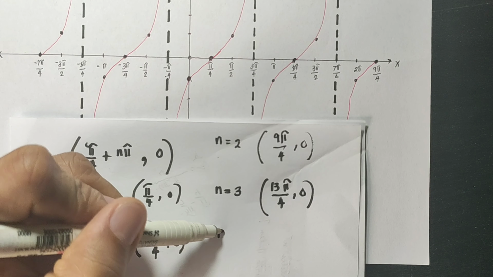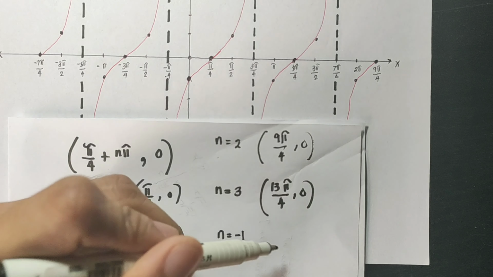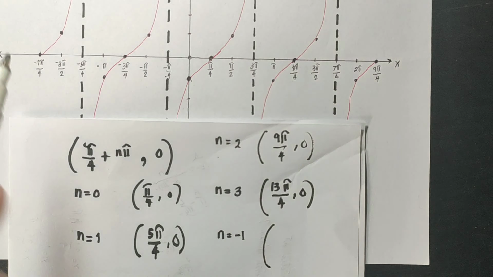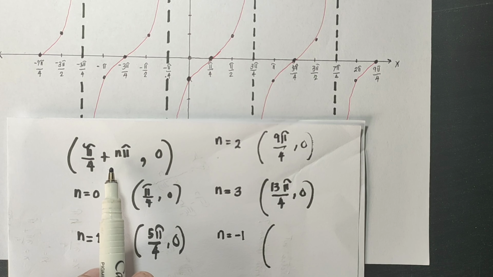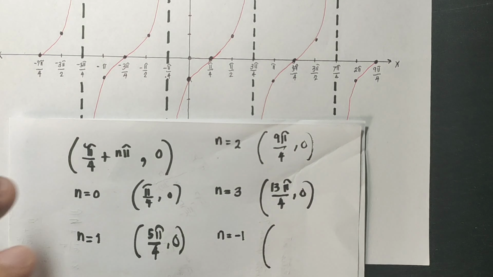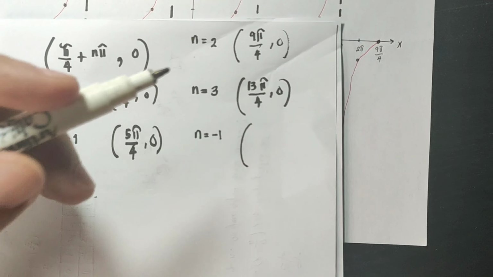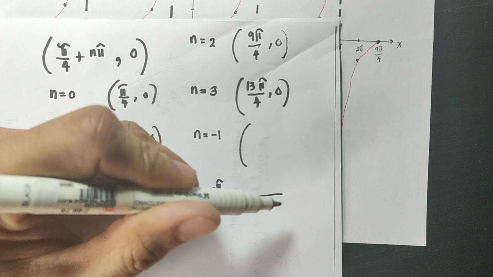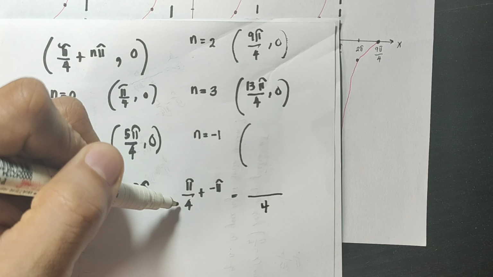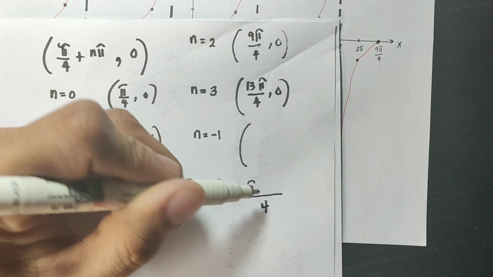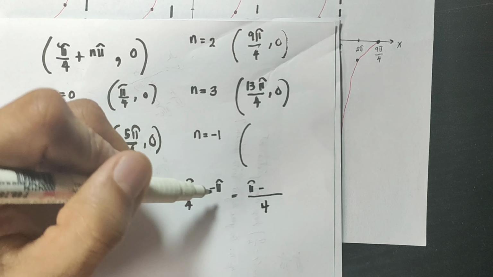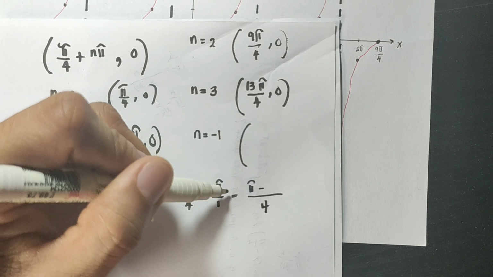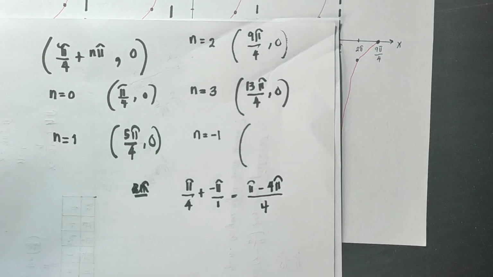When n is negative 1, what will happen? That will become pi over 4 plus negative pi. So let us check. Since n is negative 1, the LCD is 4: 4 divided by 4 is 1, times pi is pi, minus 4 divided by 1 is 4, times pi is 4 pi.